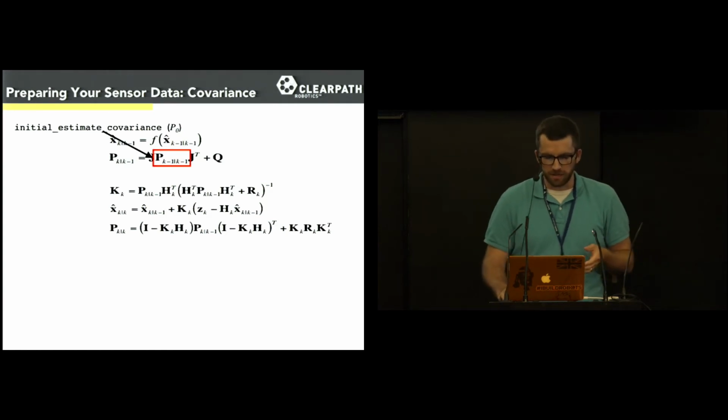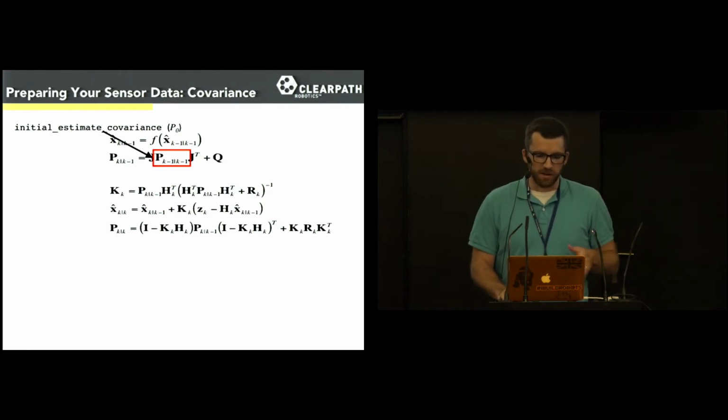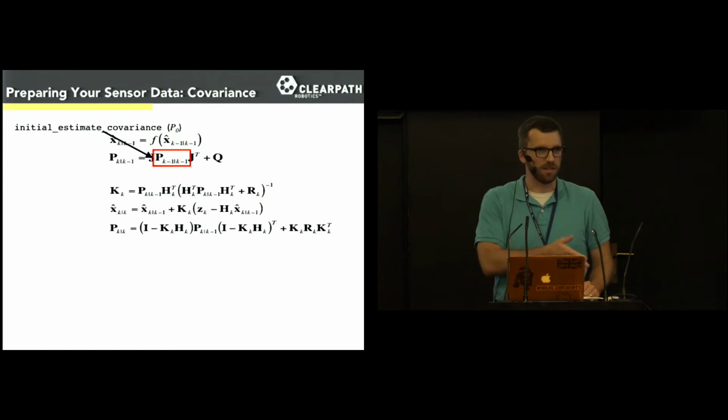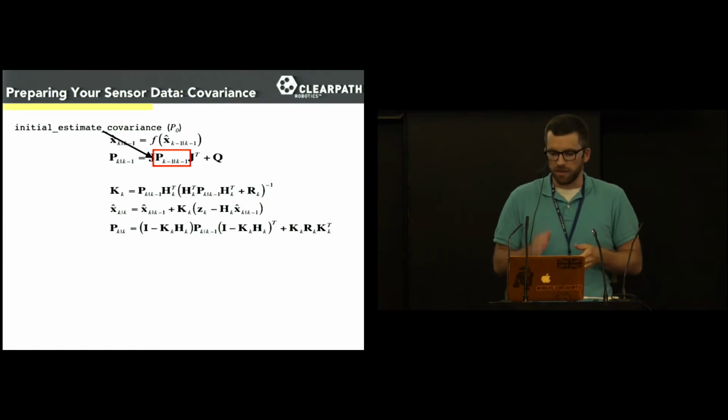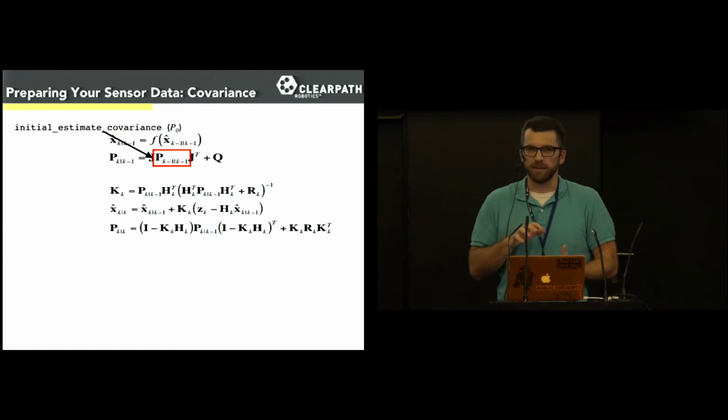The first one is the actual estimate error covariance, which is basically the error for your whole system, right? You can't specify it all the way through, obviously, but you can specify it at time 0. This is especially useful if, let's say, you're going to be measuring a given variable in your state vector. Then it makes sense to set the diagonal value on this covariance matrix to something that's a bit higher than whatever the variance is on that variable in the measurement, because then it'll be fused more quickly.